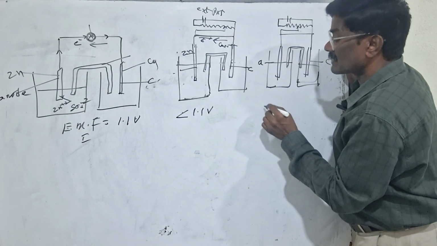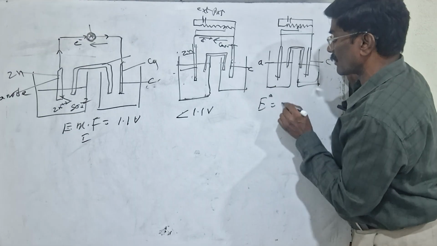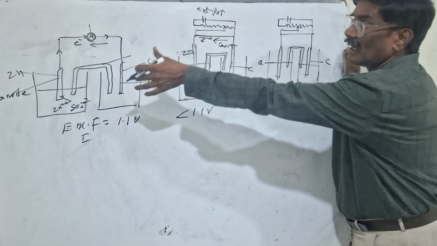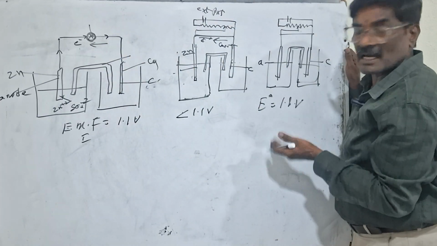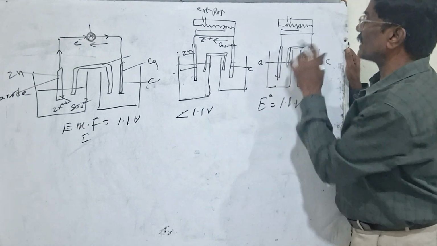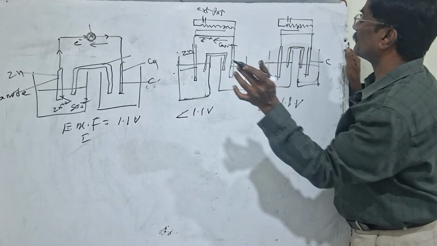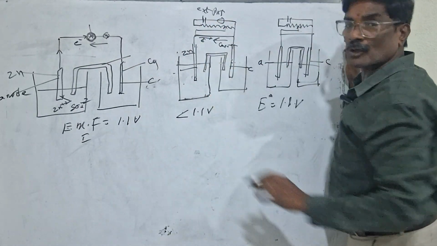Here, the E naught of the cell, or EMF of the cell, is equal to 1.1 volts. So the external potential applied is exactly equal to the potential of the first cell. Then what happens? No flow of current or electrons. It stops. If you connect any device, a bulb does not glow.